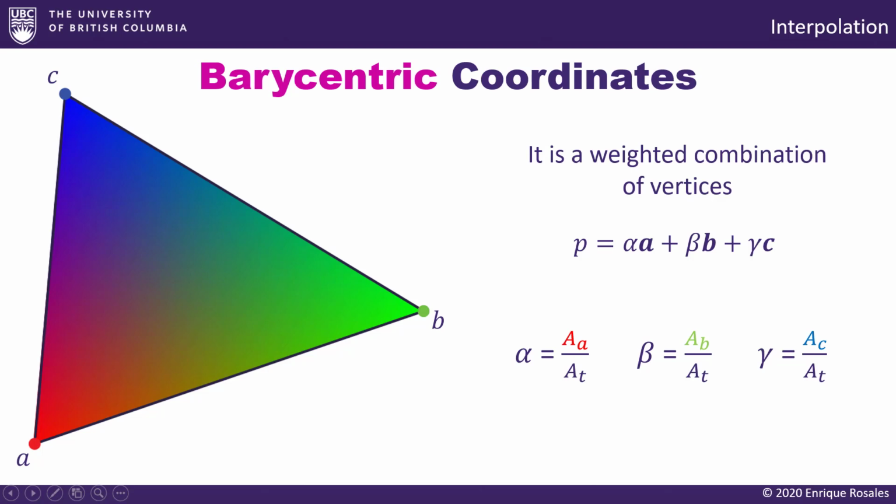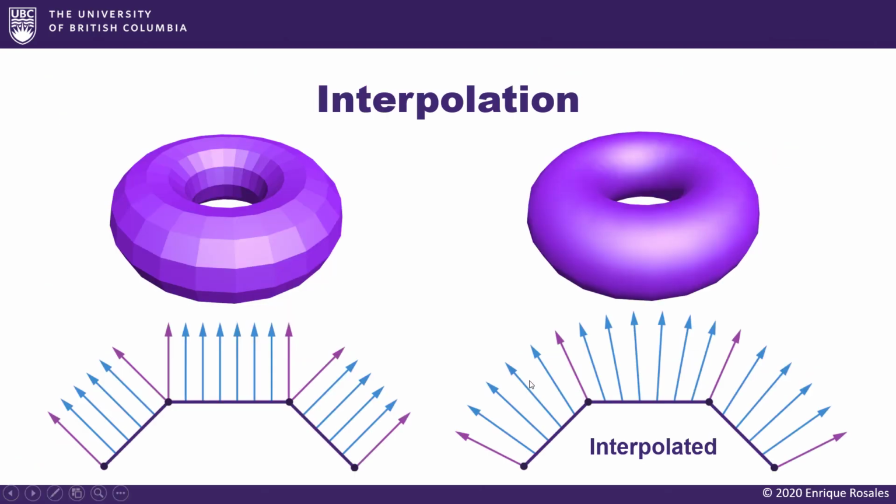So again, all these examples, we're talking about colors, right? But you can interpolate any data you want, right? It's not only colors. So you use exactly the same, for example, to interpolate normals, right? And we already talked about that.